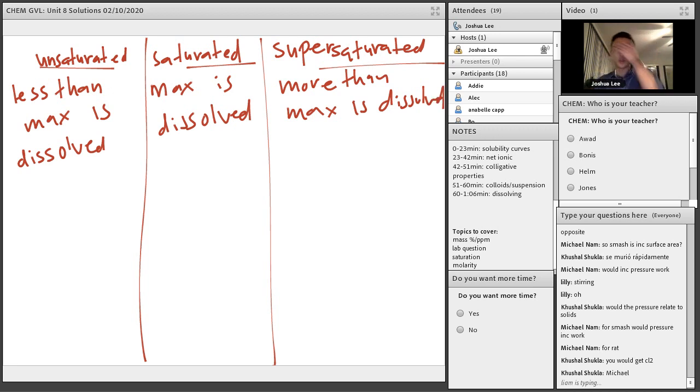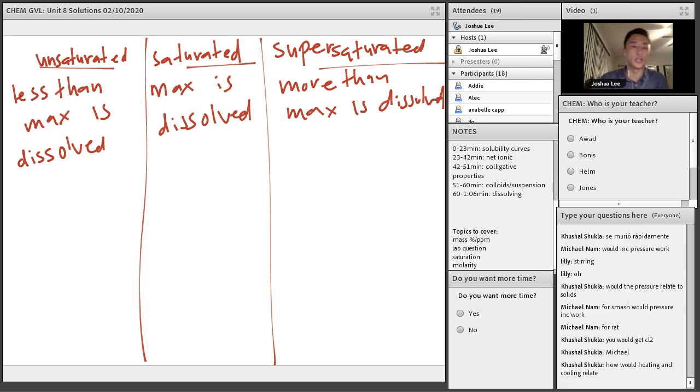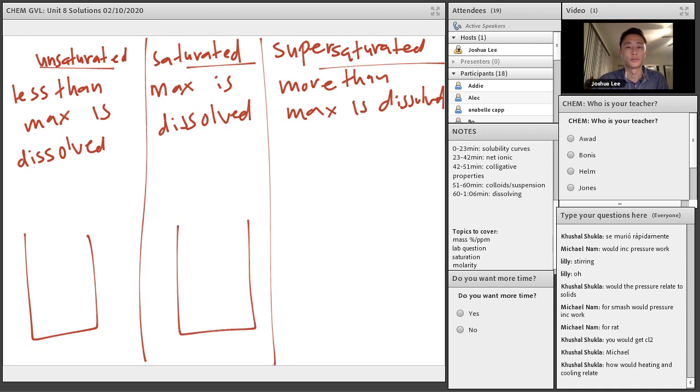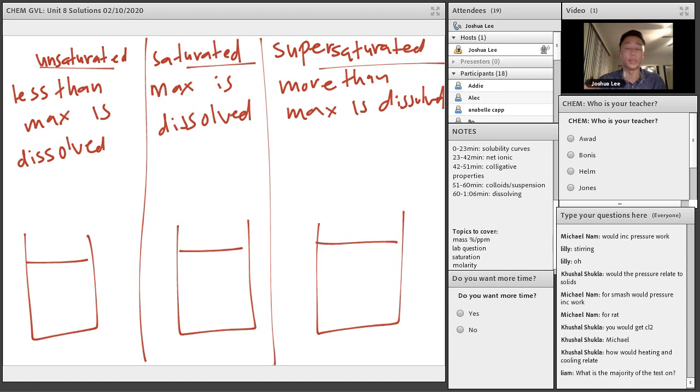A typical question is how to figure out whether a solution is unsaturated, saturated, or supersaturated. If you just had a beaker of a solution, you wouldn't really know, because they would all look the same. One way to test it, you actually did in the lab.